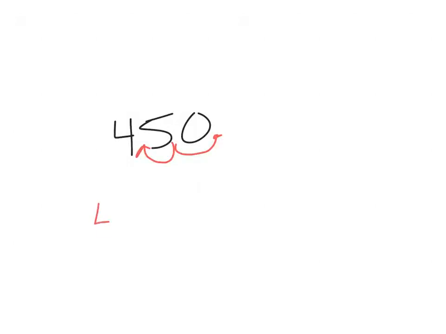Twice would make it 4.5, and that falls between 1 and 10. Remember, moving it too many times would make it 0.45, and that's smaller than 1, and I don't want that. So this is the number I want. I'm going to write that as 4.5 times 10 to the second, since I only moved the decimal 2 times to get there. So this is how I write that in scientific notation.